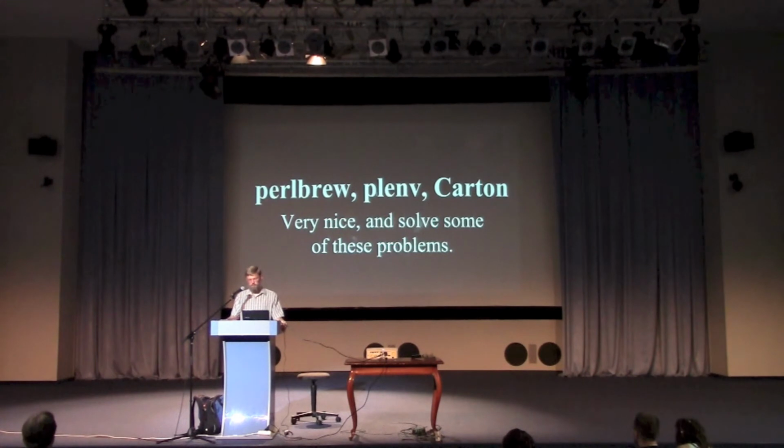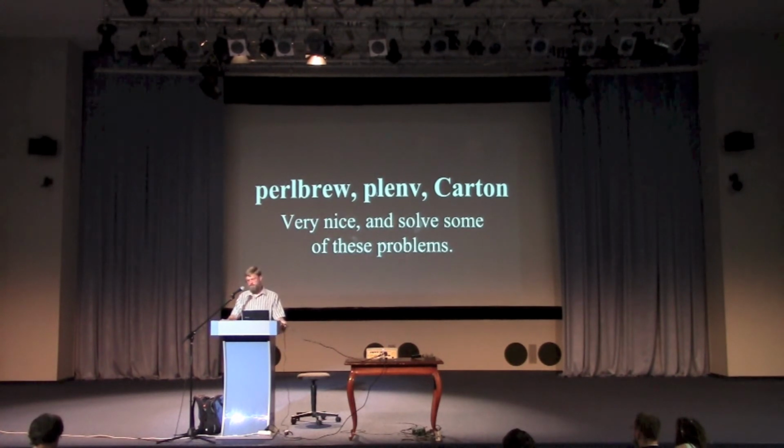So, there's some recent technology, largely borrowed from the Ruby world, which is very nice. perlbrew and PLN both give you a way to custom install multiple versions of Perl from source, but in a managed way. You can switch between them. It brings a little bit of order to the chaos of a source build.